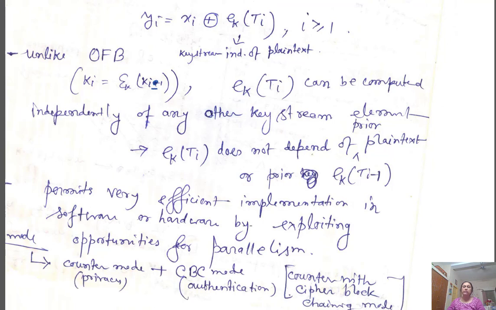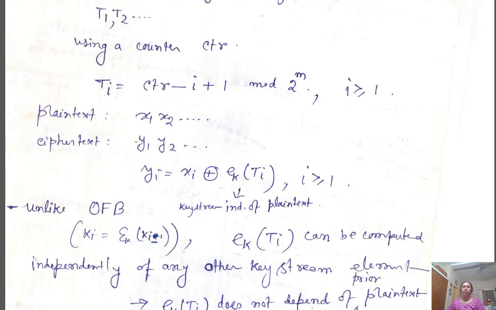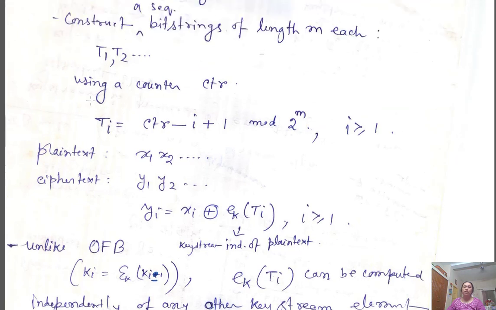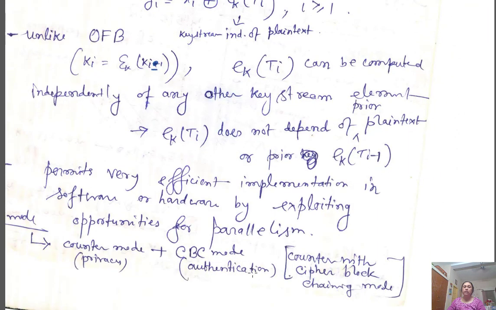Lots of parallelism you can incorporate, because Ti never depends on the previous plain text, previous cipher text or previous key stream. Ti is independent of T1, T2, up to Ti minus 1. So there is scope for applying parallelism, and this permits very efficient implementation.